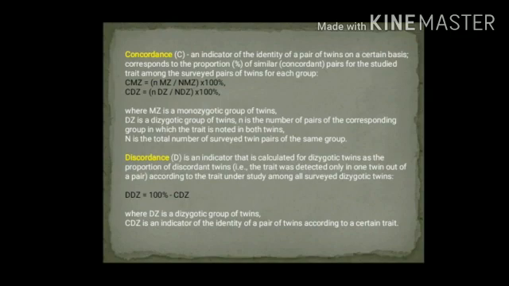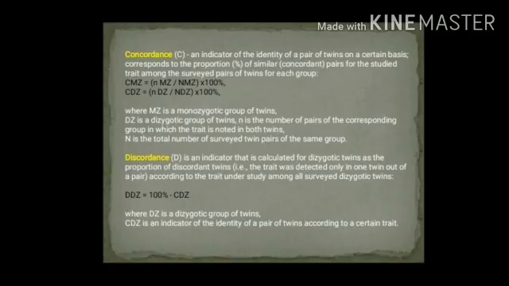Discordance is an indicator that is calculated for dizygotic twins as the proportion of discordant twins, where the trait was detected only in one twin out of a pair, according to the trait under study among all surveyed dizygotic twins.